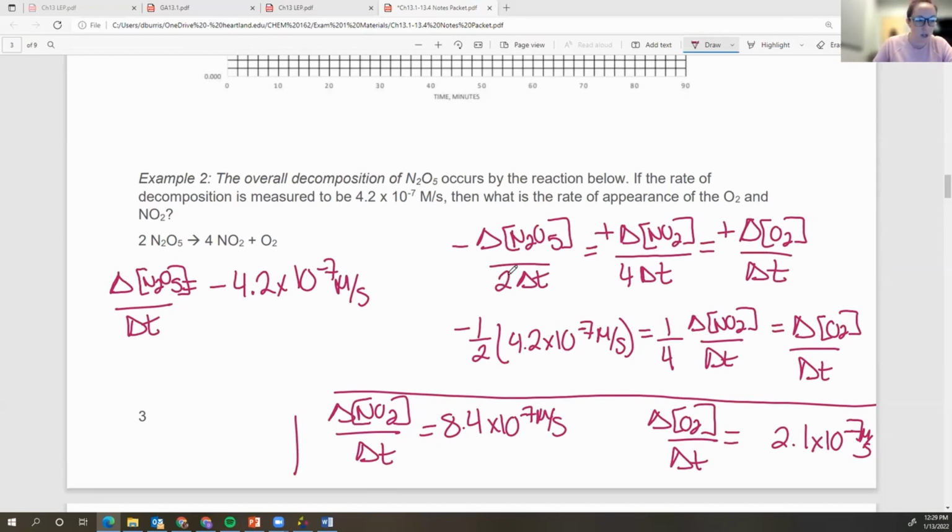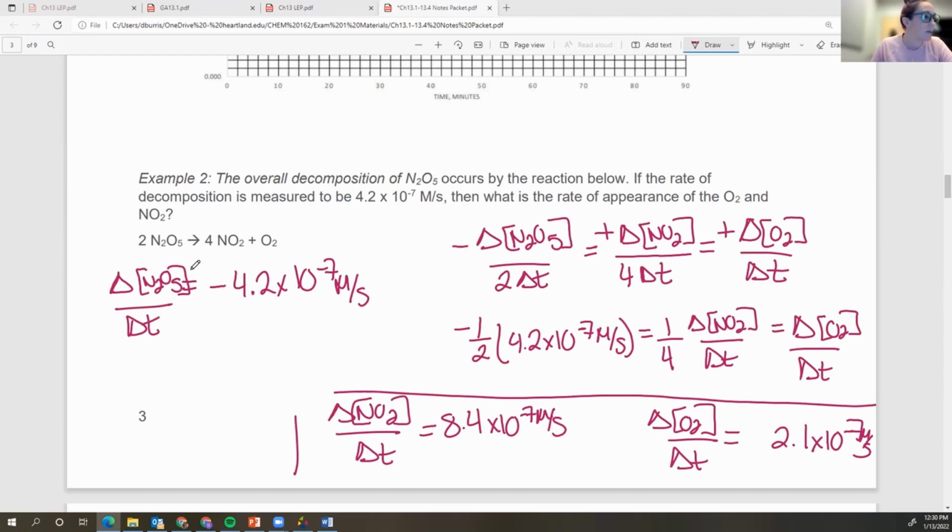Negative this rate over 2 is the same rate of appearance of this, but it has a 4 coefficient from the balanced equation. So I put it here, equals the rate of appearance of oxygen, which just has a coefficient of 1. So once I have that set up, I actually plugged in the rate for N2O5 and multiplied it by 1/2 essentially, and then I could calculate the rate of NO2 and the rate for O2.